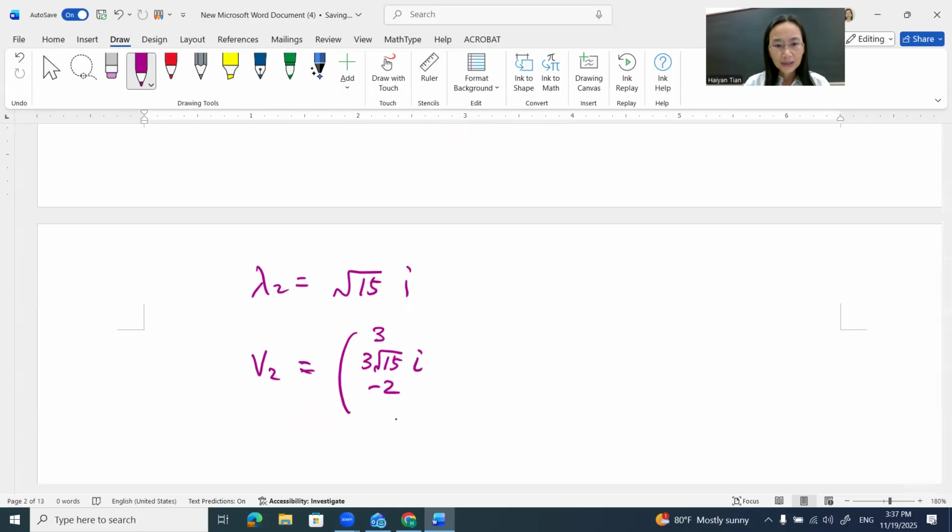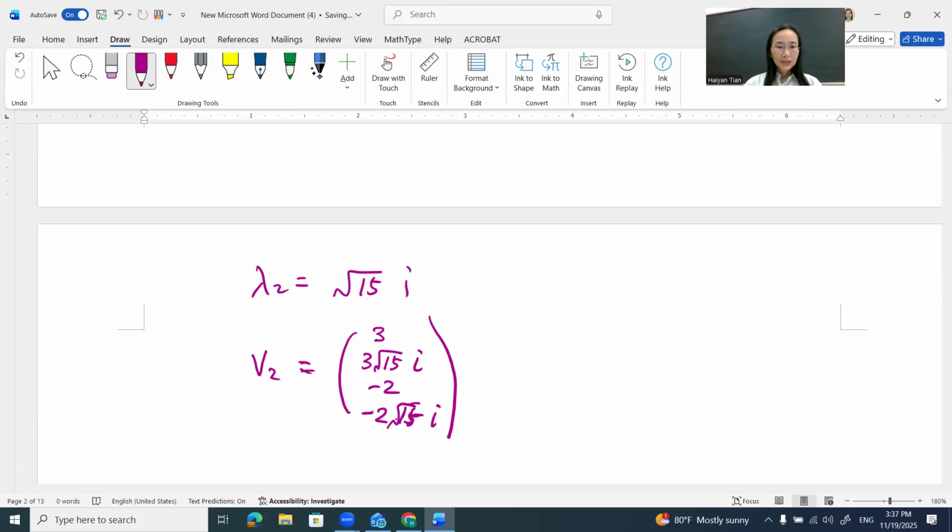Other ones are multiples of this one, so it doesn't matter which one you choose.